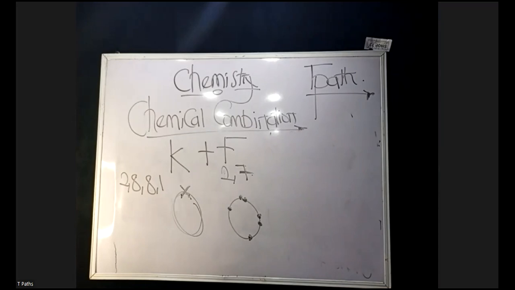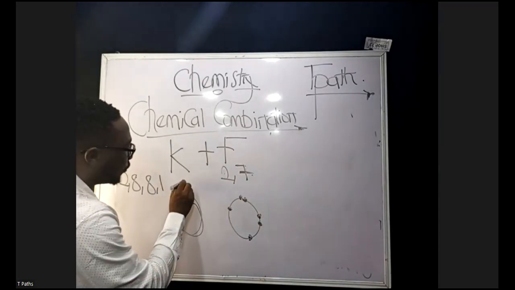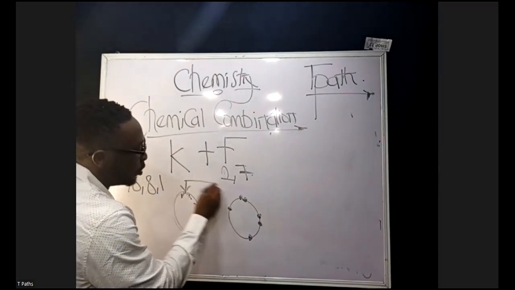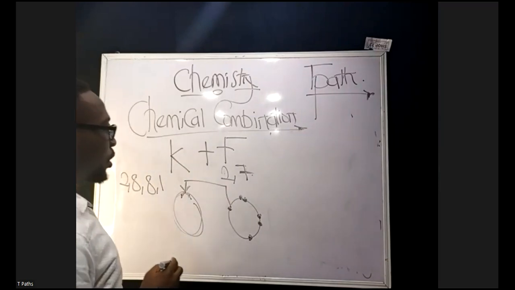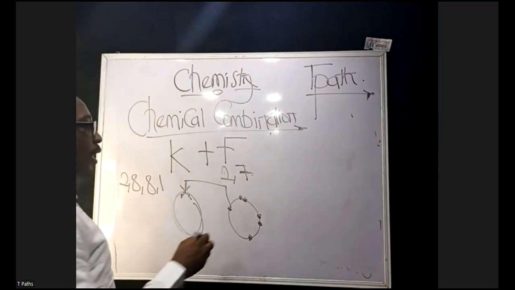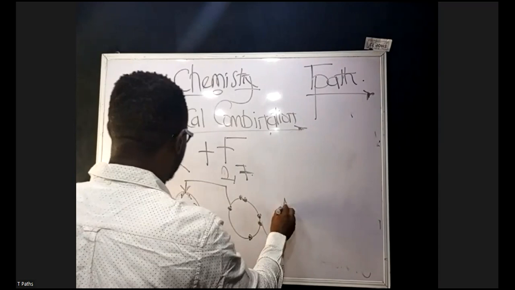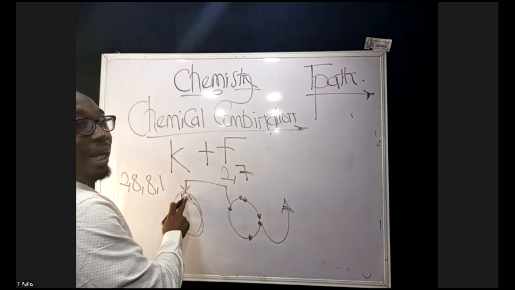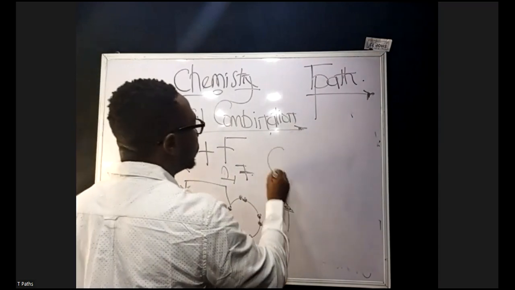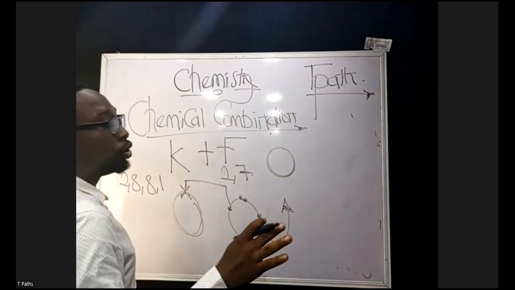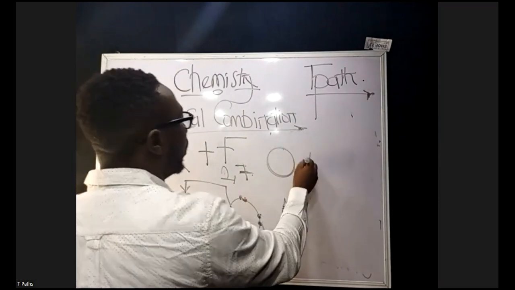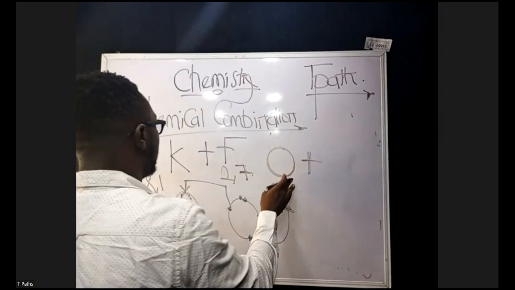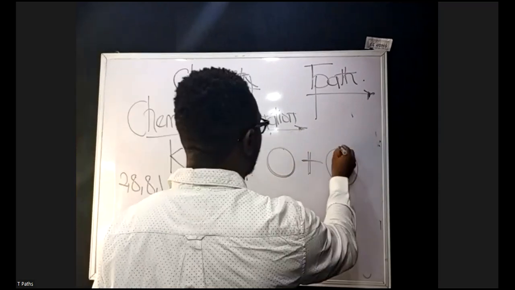Now, we observe that there's a complete transfer from here to here. Do you observe what happens here? We have this left. If this electron goes here, we have nothing in the outermost shell, so it goes away automatically. Plus this, we have this.